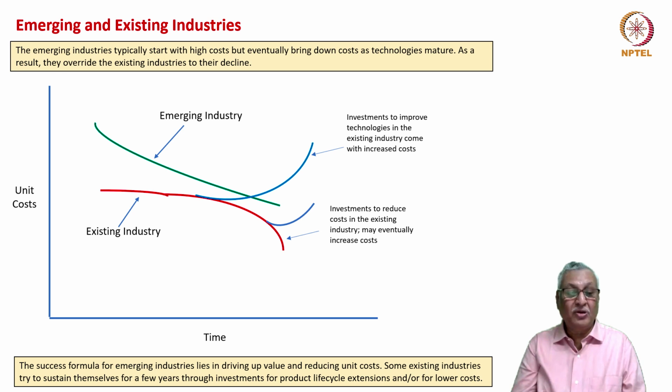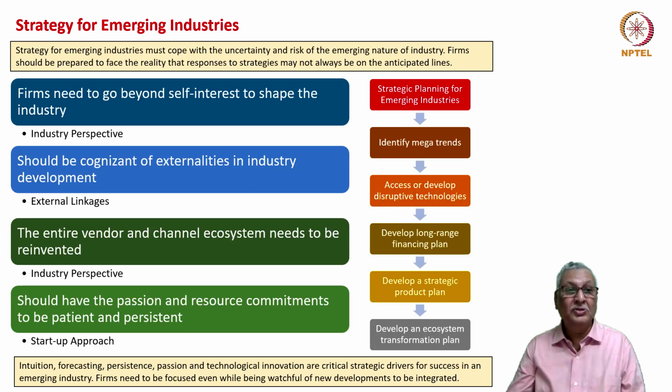Therefore, the success formula for emerging industries lies in driving up value and reducing unit costs. And we can see that happening in a host of industries around us. Some existing industries, even if they sustain themselves with incremental investments, will find the going tough, because product lifecycle extensions don't come cheap either. And they will not lower the cost, they will in fact increase the costs.